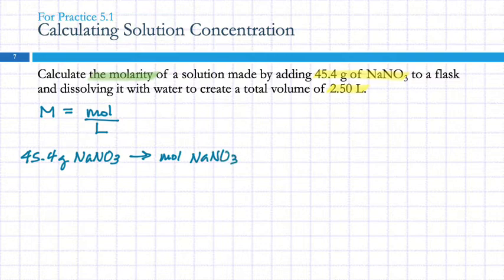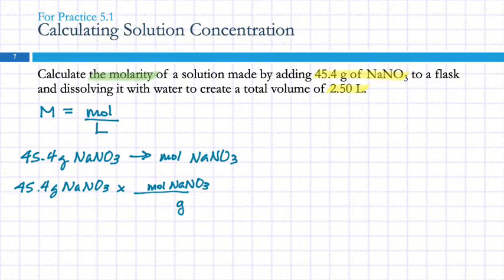And what do we use to do that? The molar mass. So following our path here, I've got grams of this. I'm just going to have a single factor here. This is moles of NaNO3 and grams down there.